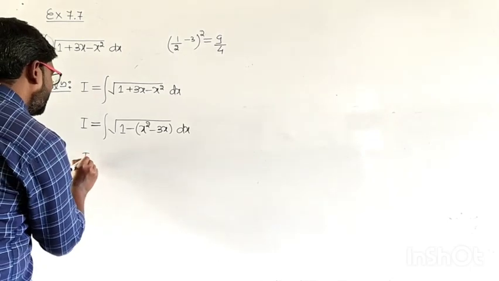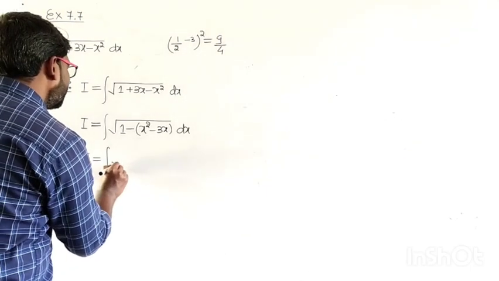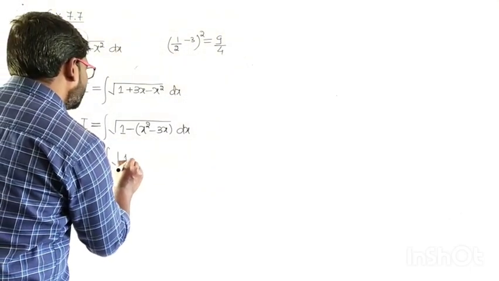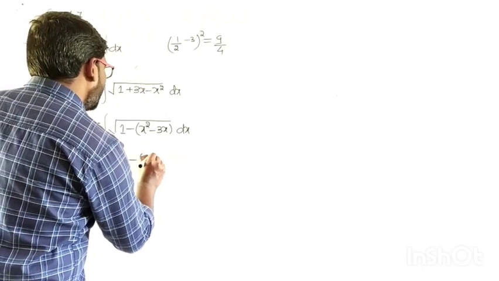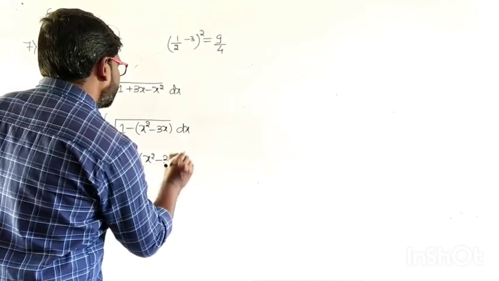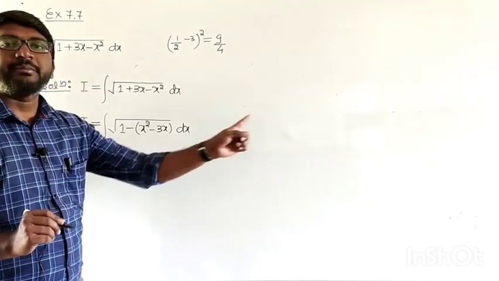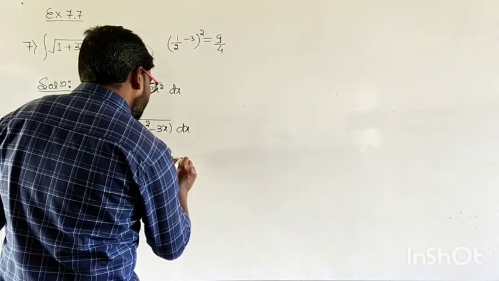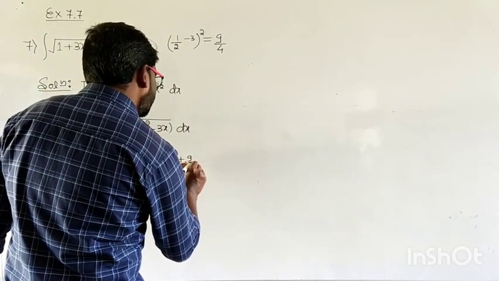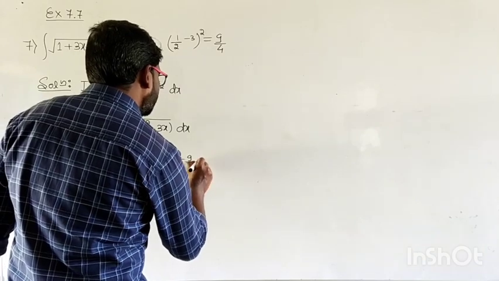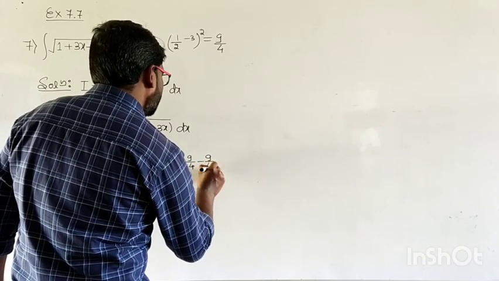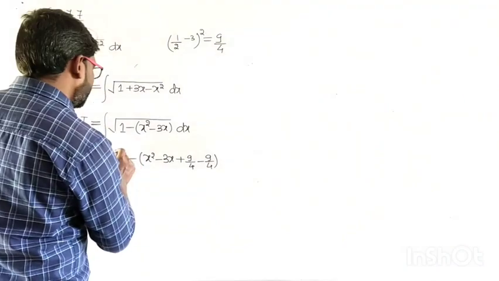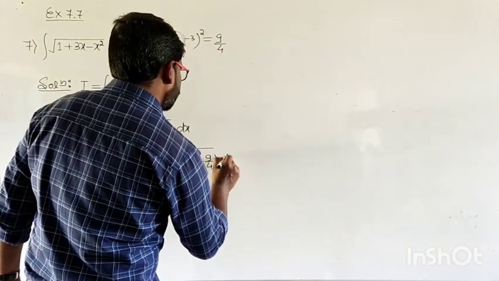So I is equal to the integral of the square root of 1 minus, x square minus 3x, and then plus 9 by 4 minus 9 by 4, then close the bracket, write dx.